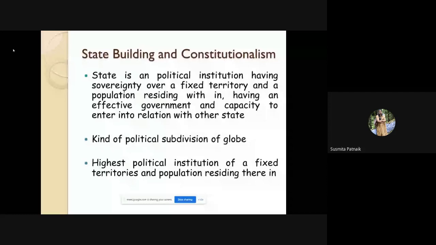In nation building, what are the challenges, what are the different types of models, and before that, the main thing is state building. The state is a political institution which has sovereignty within a definite territory, and people. The state is an important political entity.